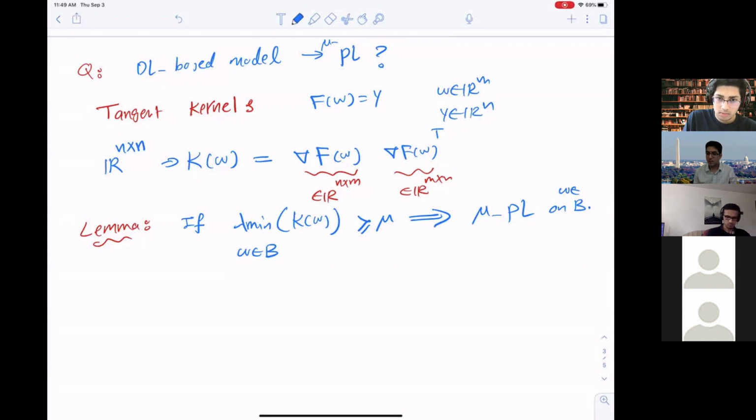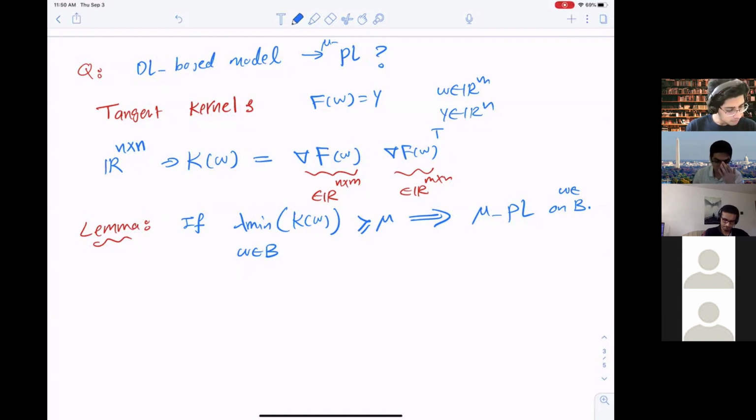One way to do that is to form a tangent kernel for that neural network, and then show that the minimum eigenvalue of that is greater than mu, greater than a particular constant, over a region of parameters that we are considering, and that's it. And then I can show we satisfy the PL condition, and then using some classical results, we can show the convergence of gradient descent or stochastic gradient descent.